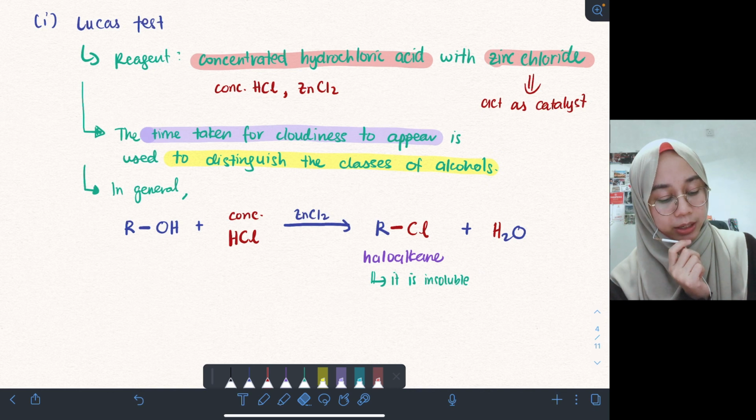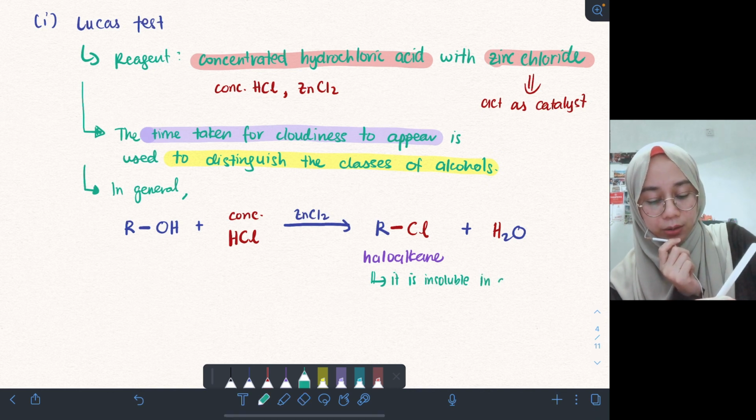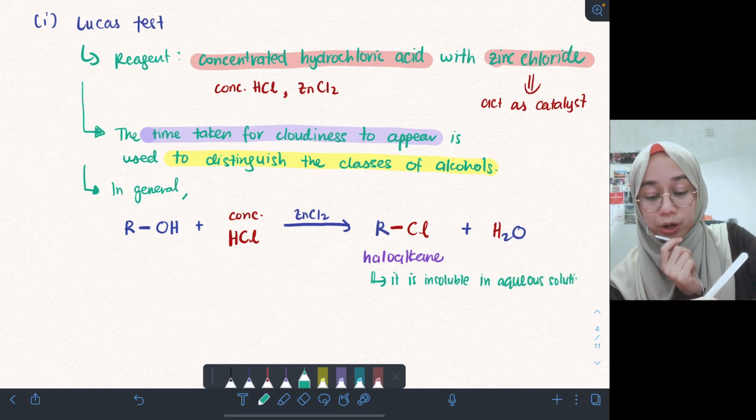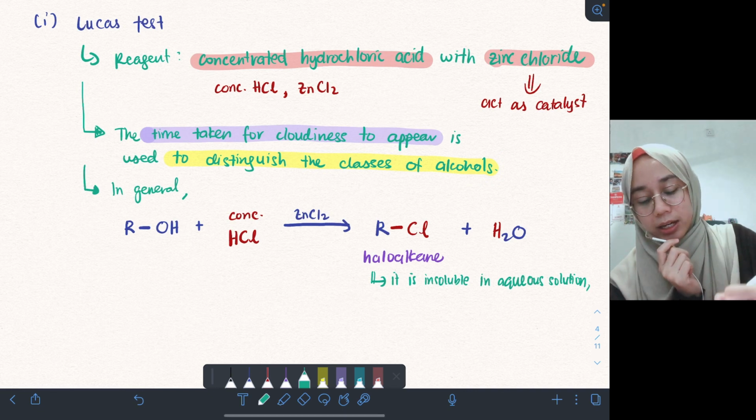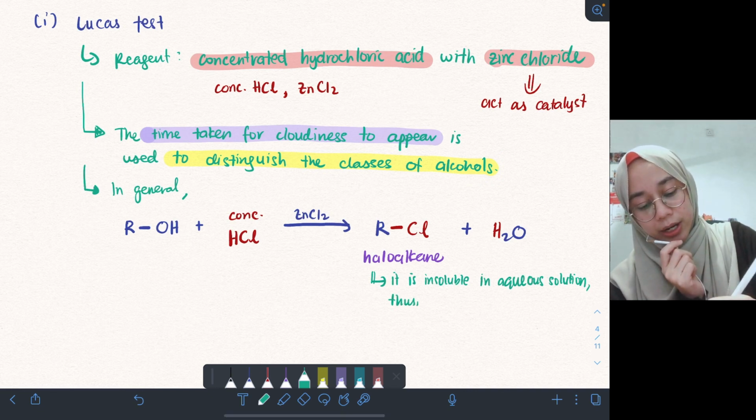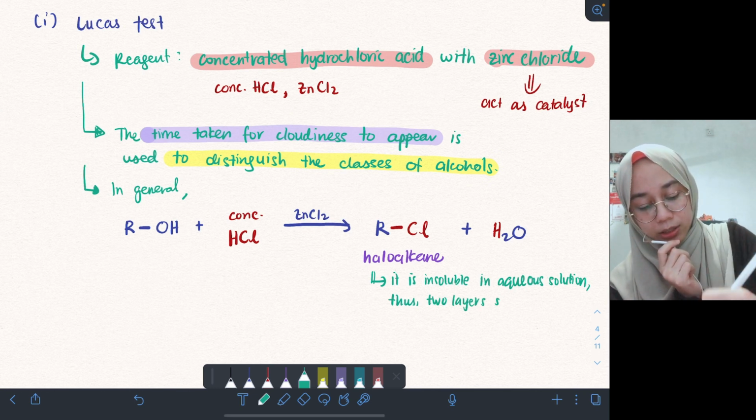It is insoluble in aqueous solution, but basically dia tak soluble dalam water lah sebenarnya. Thus kamu akan nampak ada 2 layers solution is formed.